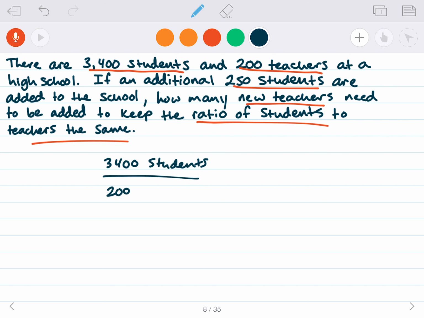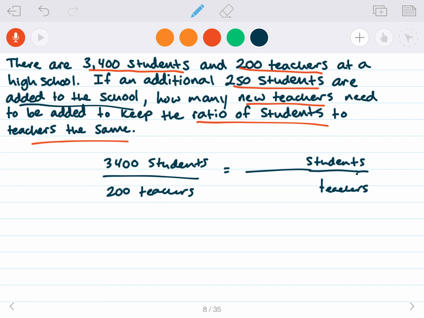That's what we know right off the bat. And what we need to figure out is what we're looking for on the right side. So since we put students on top on the left, we'll put it on top on the right, and teachers on bottom.